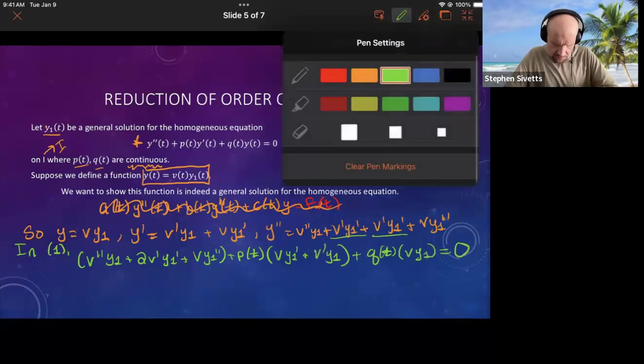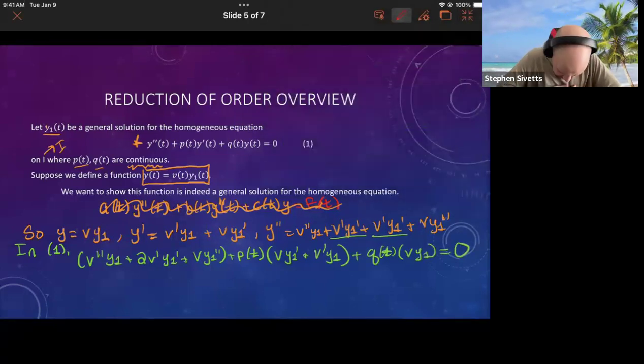Okay, so right away, we can see what is going to happen. We have this quantity here plus p of t times this quantity plus q of t times that.